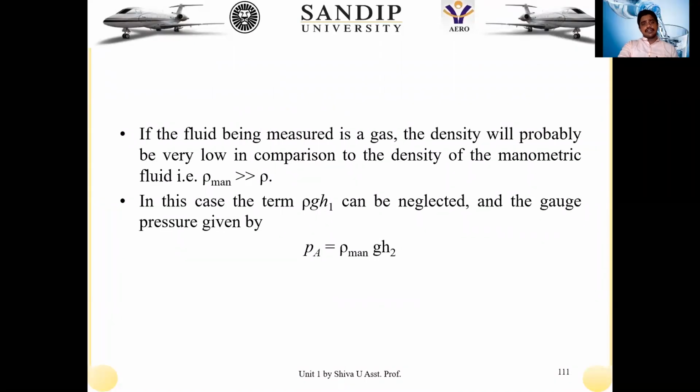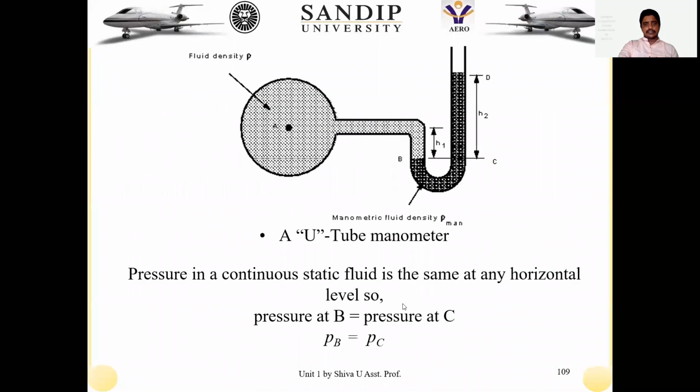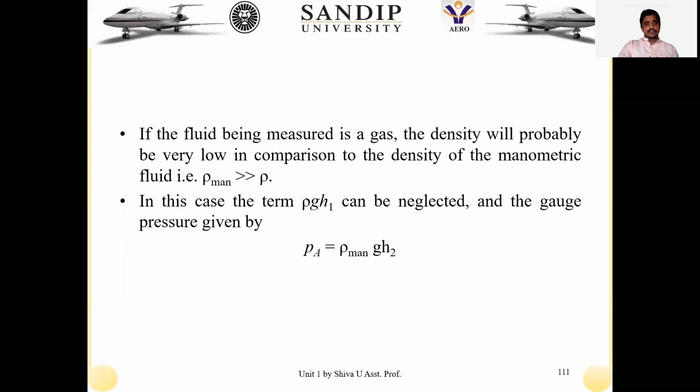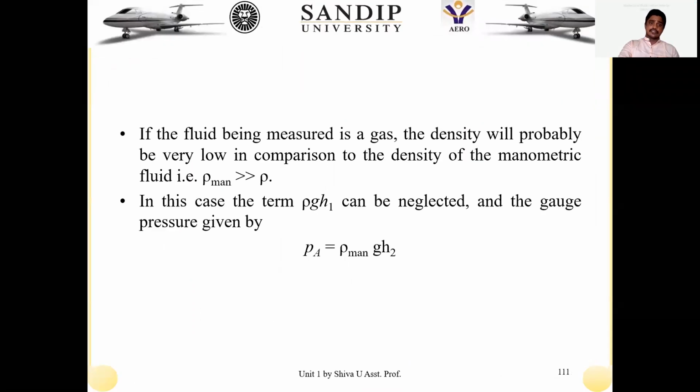Right. So if the fluid being measured is a gas, for example, on one side it is gas, then the density would be very low, and the density of the manometric fluid would be very high compared to it. So we can neglect one term, that is rho g H1, because if the H1 side is filled with a gas, we can completely neglect it.